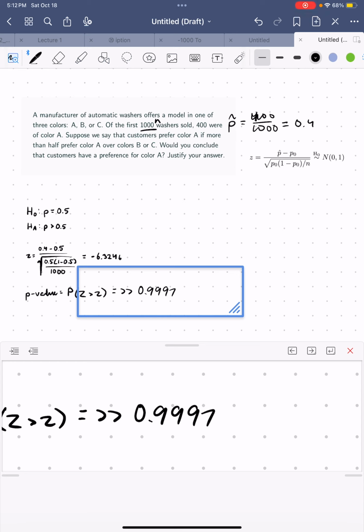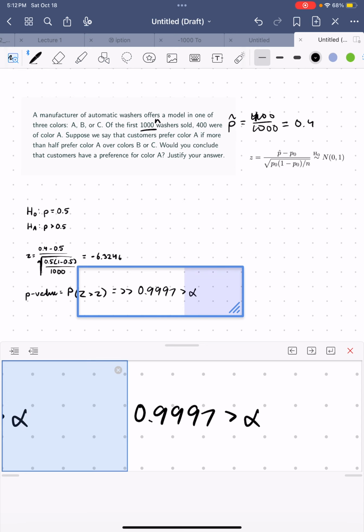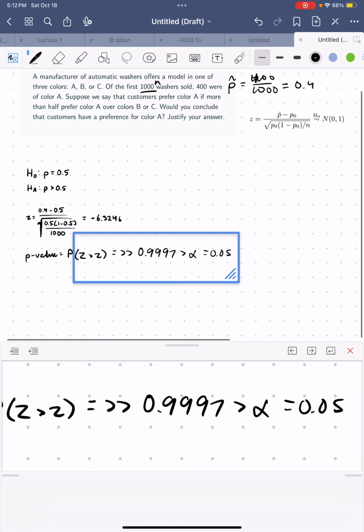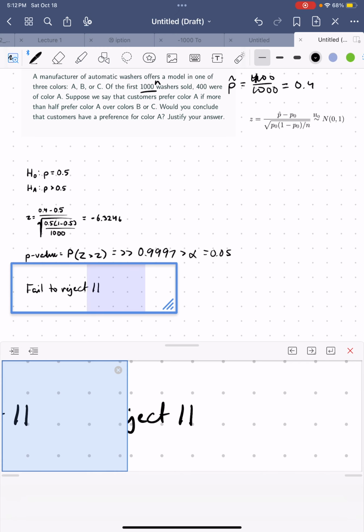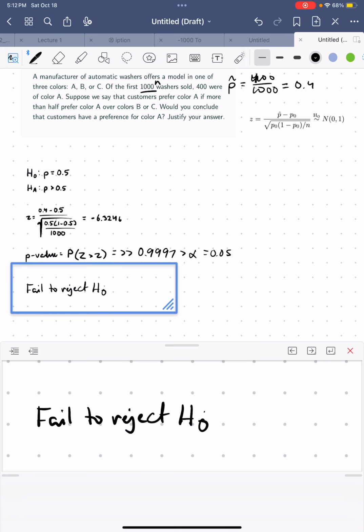And that is way larger than our alpha value, which again is 0.05 when they don't specify it. And so since it's way larger, we fail to reject our null hypothesis. And so we have no evidence of preferring color A.